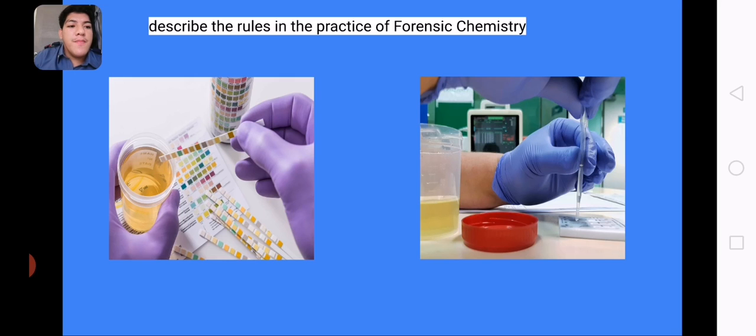And last, describe the roles and practice of forensic chemistry. The modern techniques of forensic chemistry deal with crime with sufficient documents describing the roles of forensic chemistry, as evidence is collected from the crime scene.